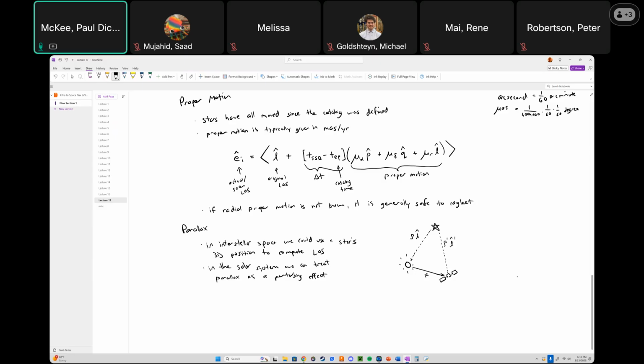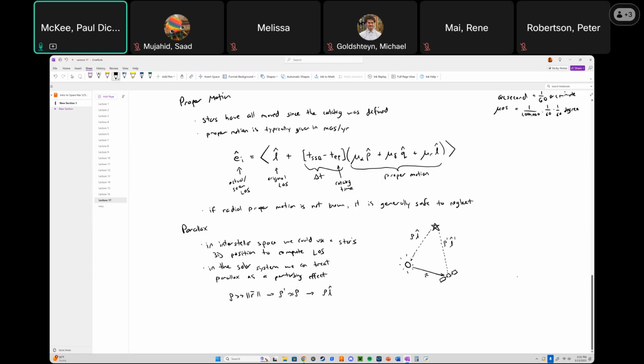Okay. So what we're going to say is, in general, rho, the sun to star distance, is much, much, much greater than our spacecraft position. So then we can say that rho prime is essentially equal to rho. So we can say this.